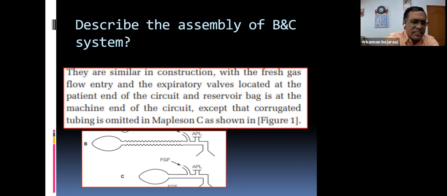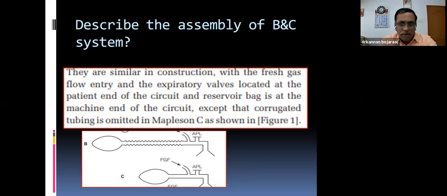But very rarely, Mapleson C is used in resuscitation as an alternative to a self-inflating bag. It is not commonly used, so we can skip these two systems and go directly to Mapleson systems D, E, and F.